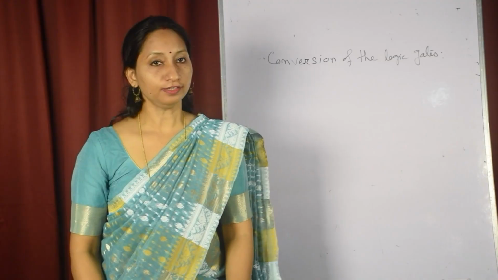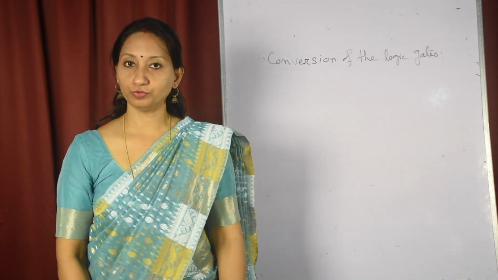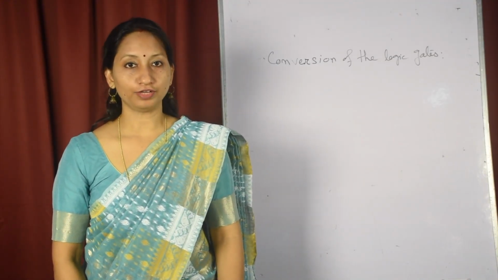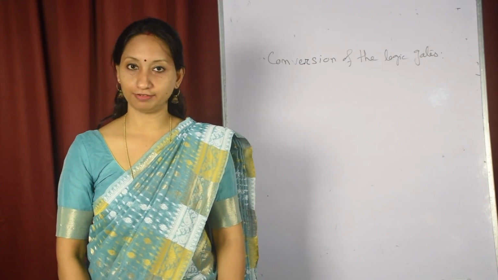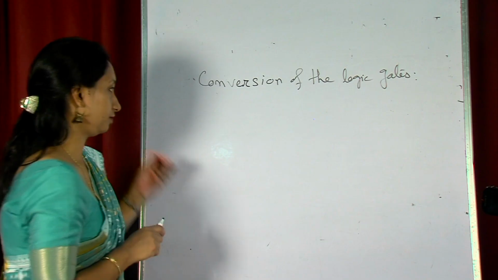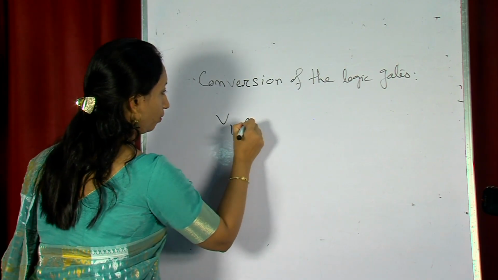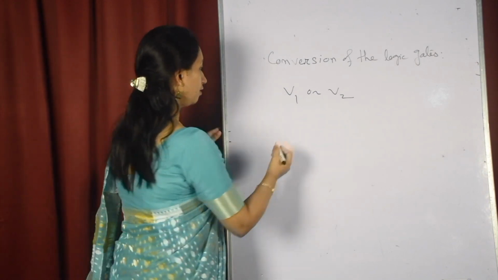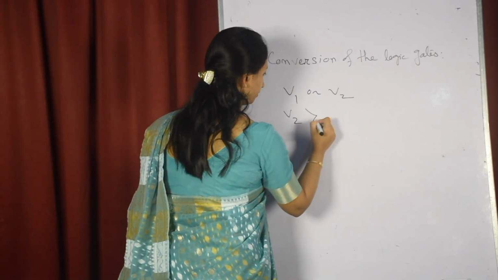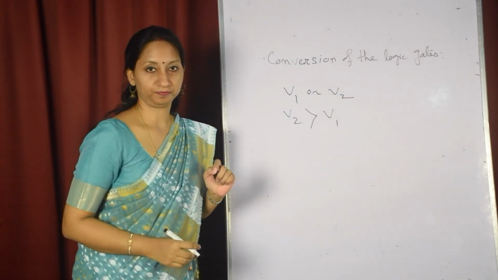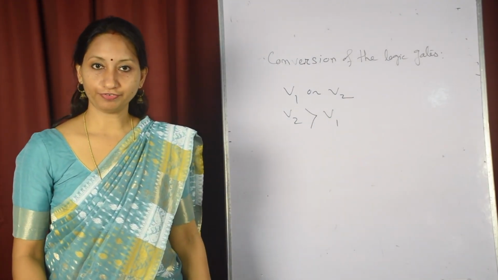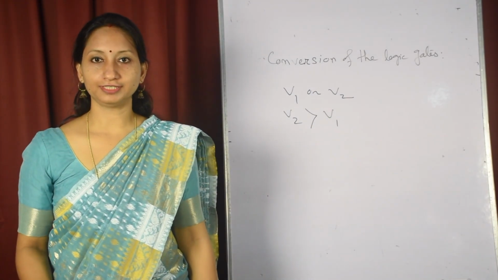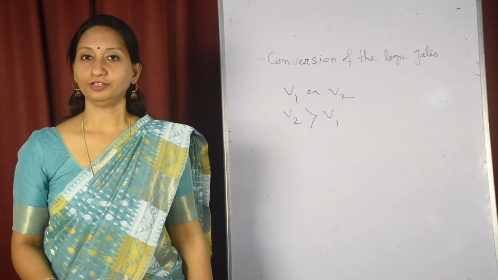In a logic gate, its input and output will have one of two possible voltage levels, suppose V1 or V2. Suppose we assume that V2 is greater than V1, and we refer to these two voltage levels as high and low.